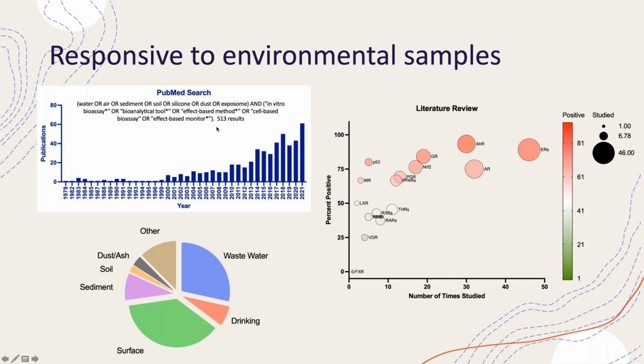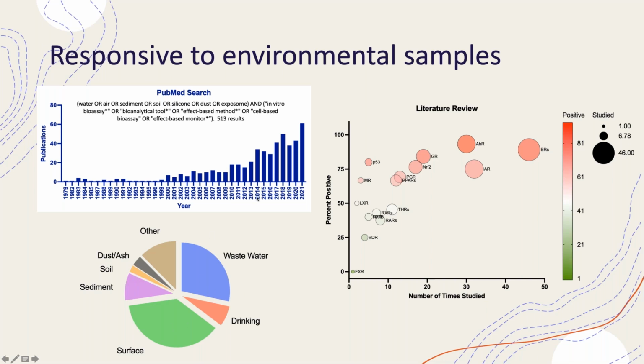From that search, there's been roughly 513 papers. You can see a nice trend for an increase in interest in this area. It's a variety of different biological matrices that these papers come from, including wastewater and surface water.